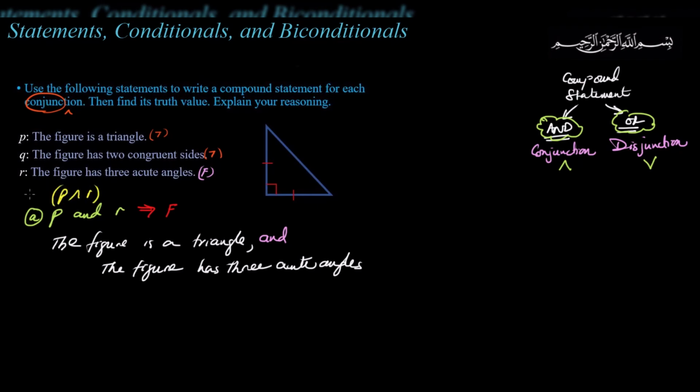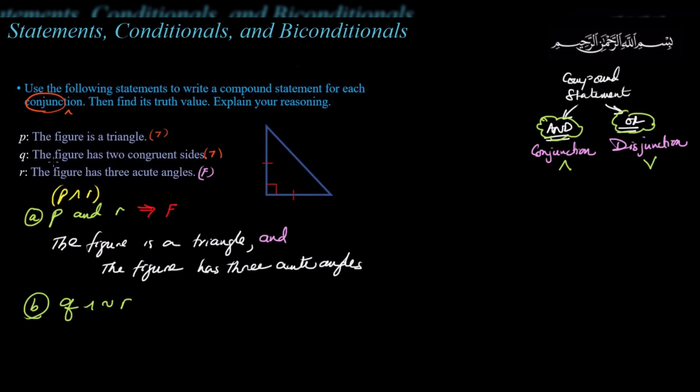All right, the second question that we're asked to do is P and Q and not R. There's still an and. So this statement would be as follows.